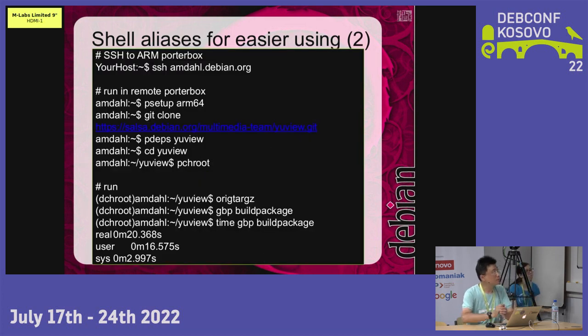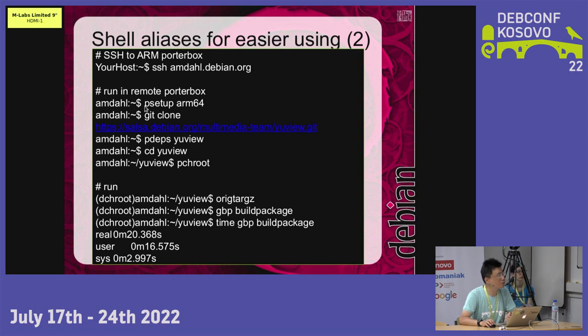Just an example: after applying my aliases, you can SSH to the ARM Porterbox and do a setup. Because the ARM Porterbox supports not only one architecture, but actually arm64, armel, and armhf, we need to specify which architecture to set up.